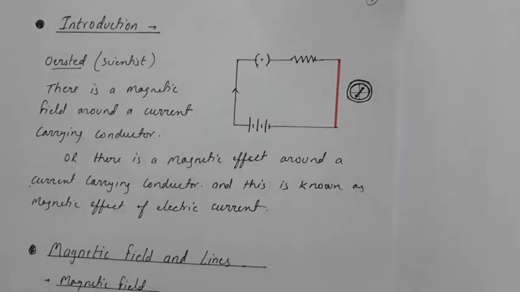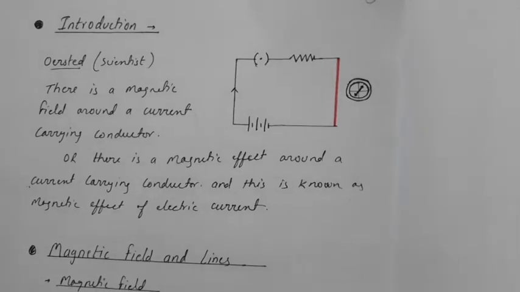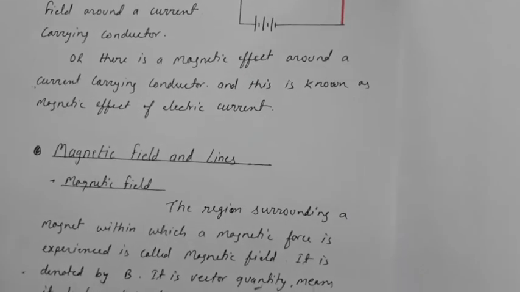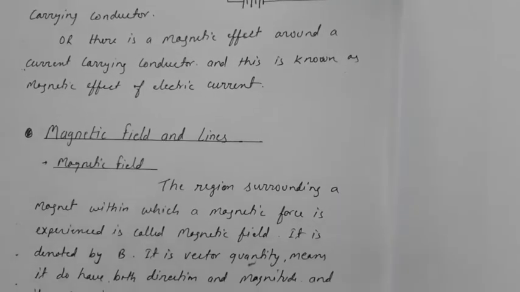Now I have used one term, magnetic field. Now what does that mean? Magnetic field hota kya hai? So magnetic field is the region around a bar magnet, in which if we bring any other bar magnet, it will experience a force.